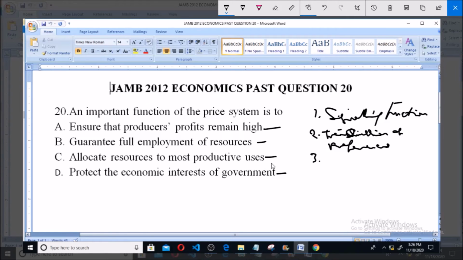And the third function of the price mechanism system is the rationing function. The rationing function talks about prices serving to ration scarce resources when demand in the market outstrips supply.